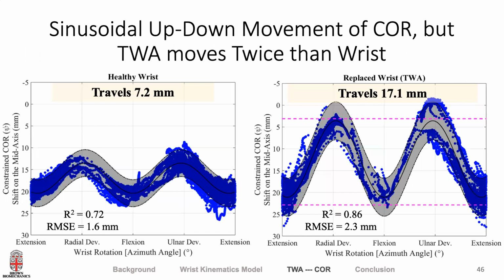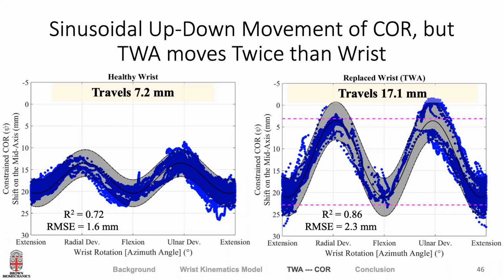So in this figure, I'm showing the proximal distal shift of the projected center of rotation on the y-axis as a function of the wrist motion on the x-axis. The left panel is our healthy wrist results, and the right panel shows the replaced wrist, or the TW, results. The center of rotation shifted in a sinusoidal pattern, and the solid black line with the confidence interval as the shaded regions is shown here.